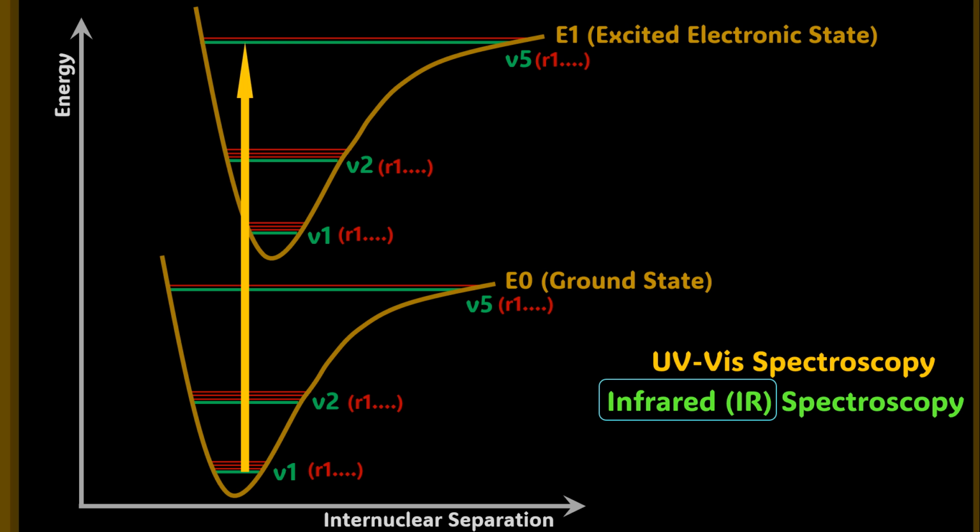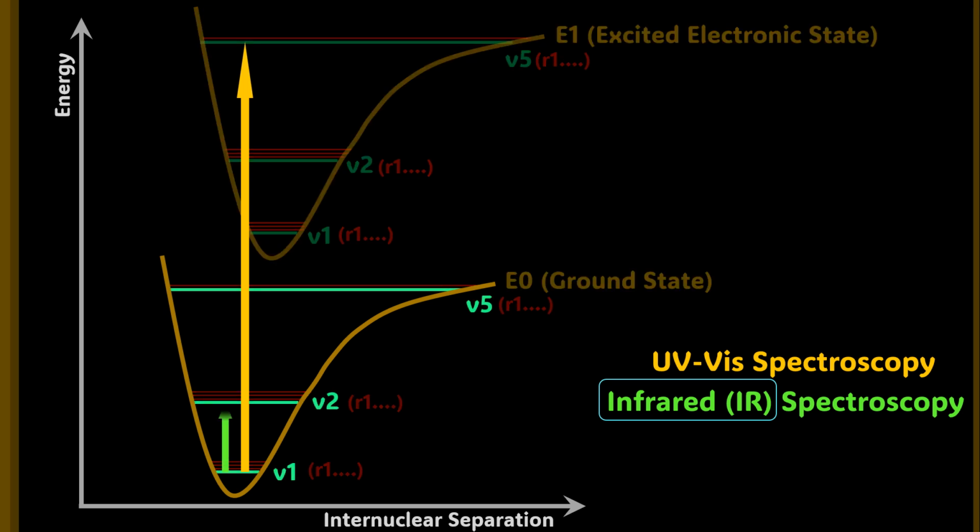The photon in the infrared region of the electromagnetic spectrum has a much lower energy as compared to that of the UV visible spectrum, and thus this energy ranges from 0.01 electron volt to 0.1 electron volt, which is not enough to cause the electronic transition, but it is enough to cause a change in the vibrational energy state of the molecule, and thus it defines the vibrational state of a molecule when it is interacting with a photon of energy in the infrared region.